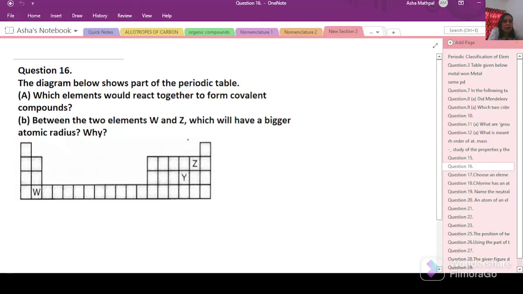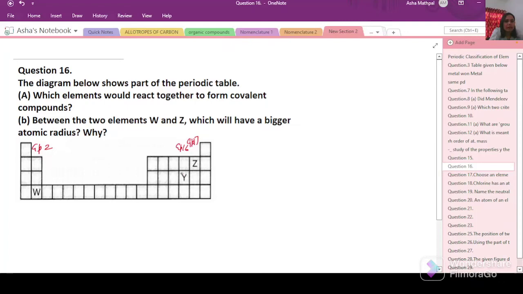So for that you will have to see the position here. It is group 17 here, it is group 16, it is group 2 here, right? So which elements would react together to form the covalent compound?